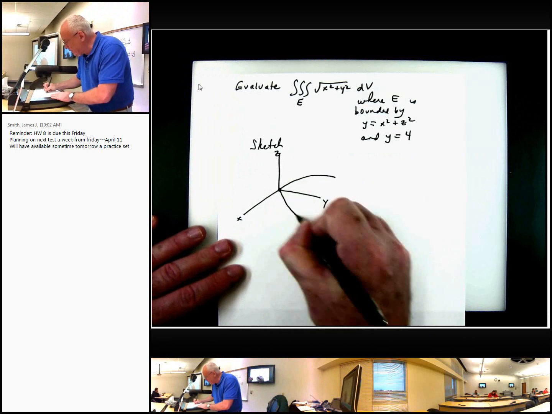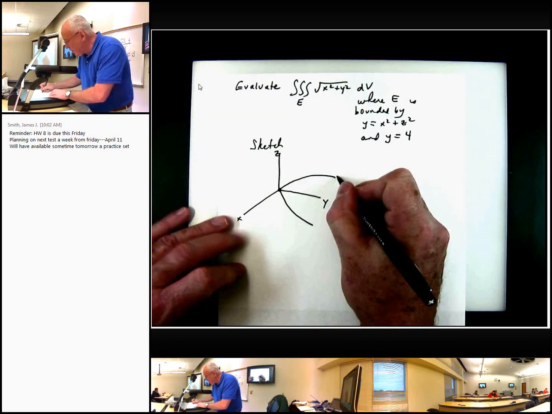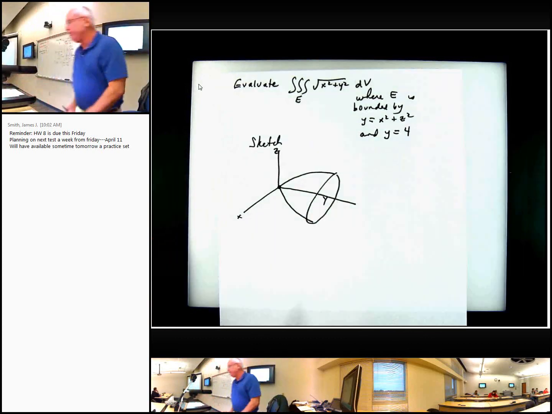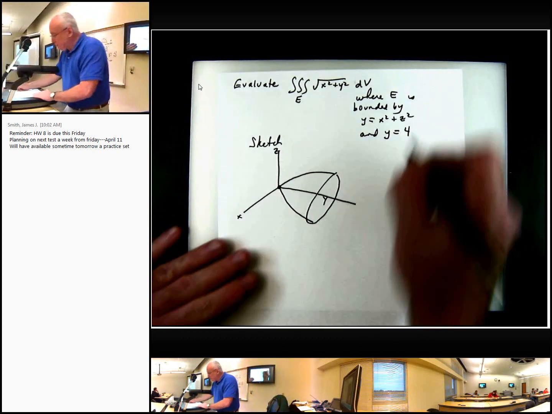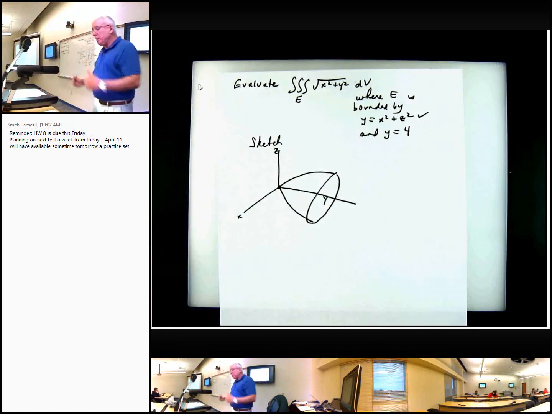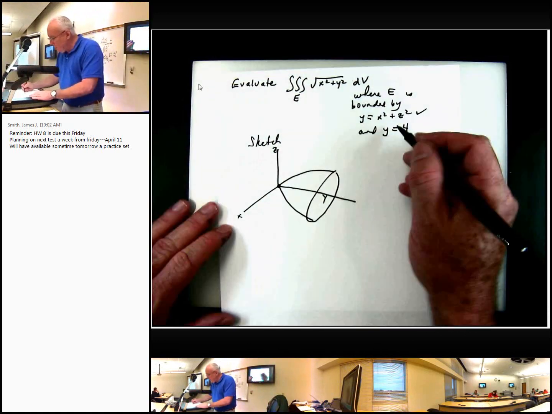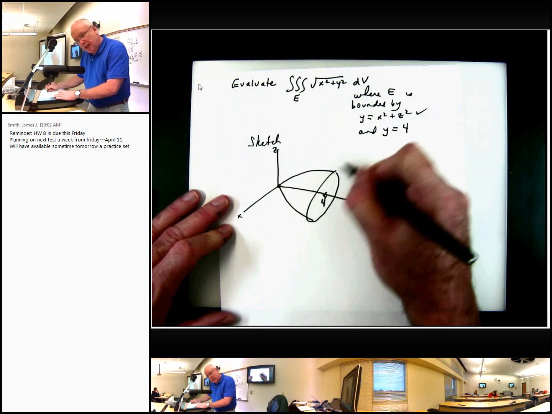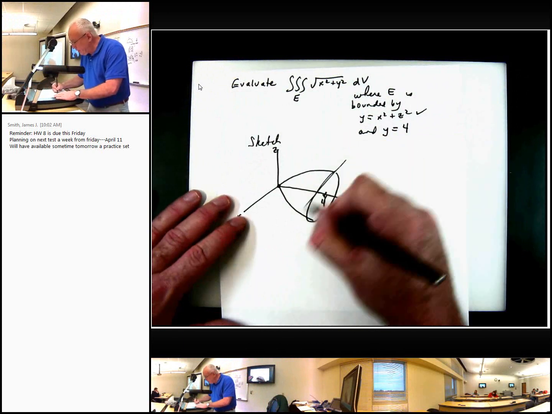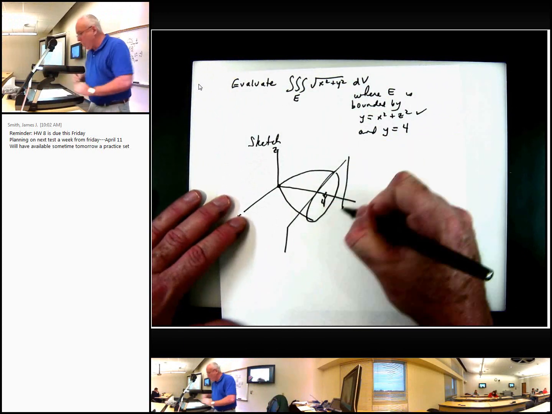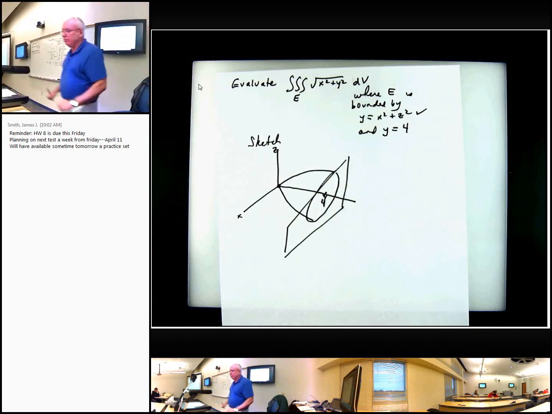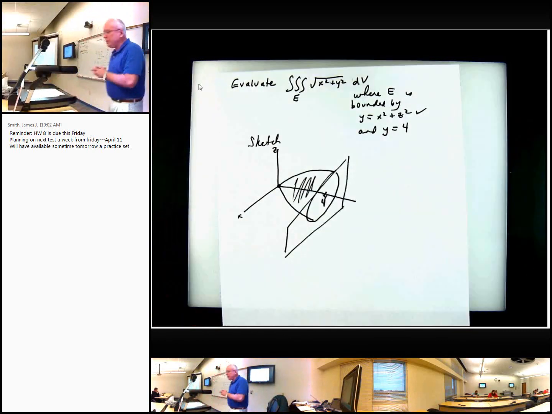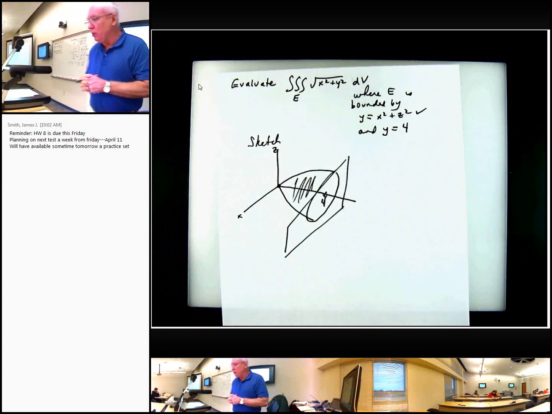The upper part of this is a plane where y is equal to 4. So we have this cutoff right here where y is equal to 4. And this whole solid in between is what we're integrating over.